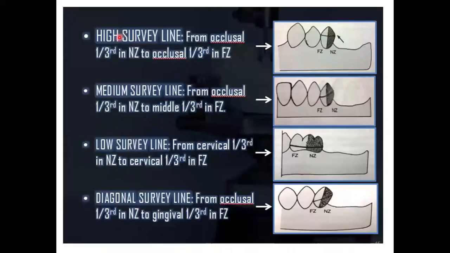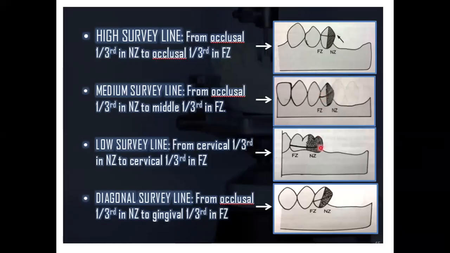When a tooth has a high survey line, it means the survey line runs from the occlusal one third of the near zone to the occlusal one third of the far zone. If the survey line runs from the occlusal one third of the near zone to the middle one third of the far zone, it is your medium survey line.